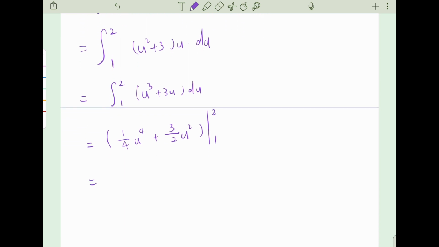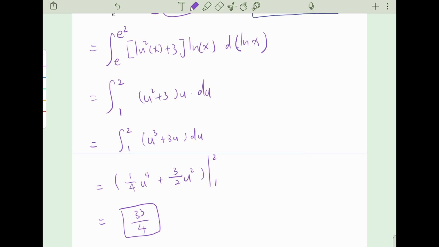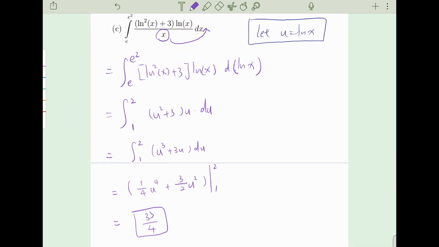Skipping the computation, the final answer is 33 over 4. You have the final answer. So that is how we do this question by substitution.